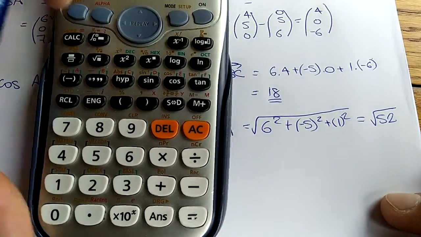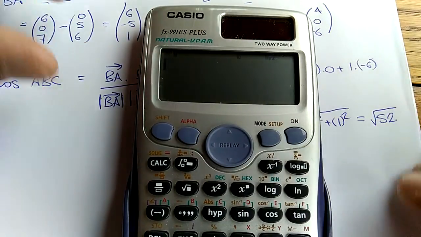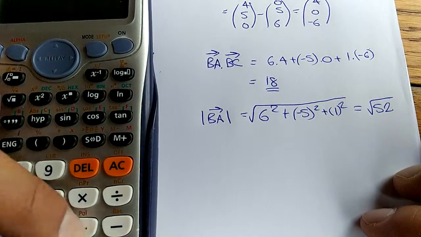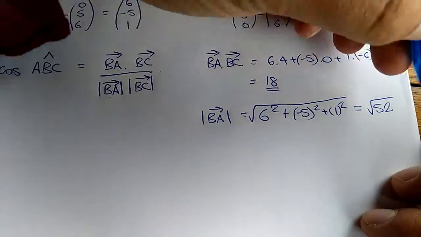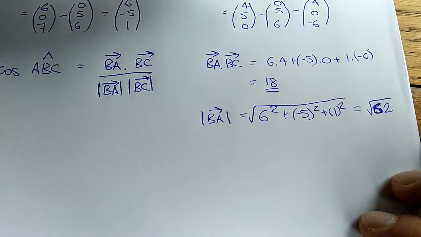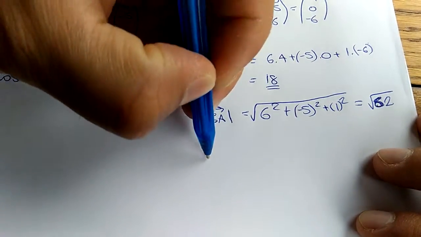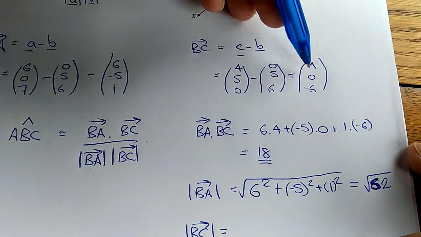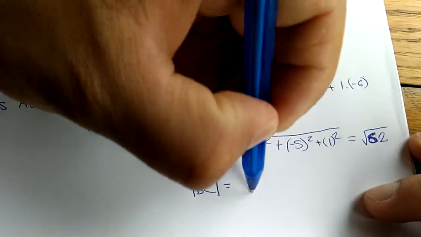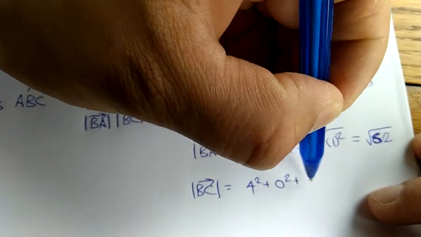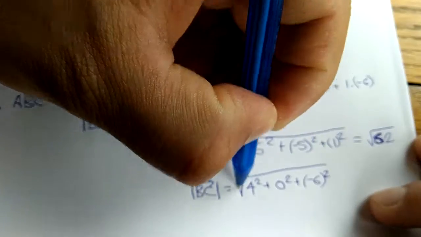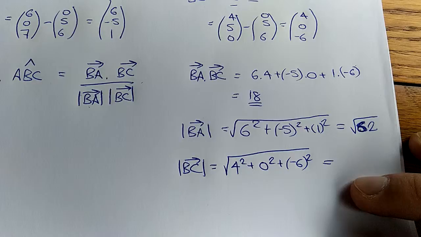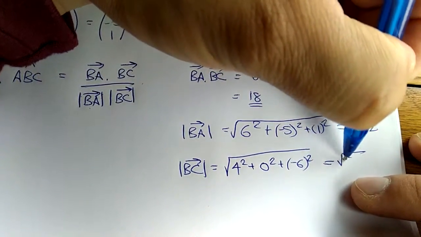Let me just double check this. So 36 plus 26 is 62. Close enough. Okay, I'm going to do the exact same thing with BC. It's going to be 4 squared plus 0 squared plus negative 6 squared. And this time I'll double check what this one is. So 16 plus 36 is, oh, this one's 52. Interesting.